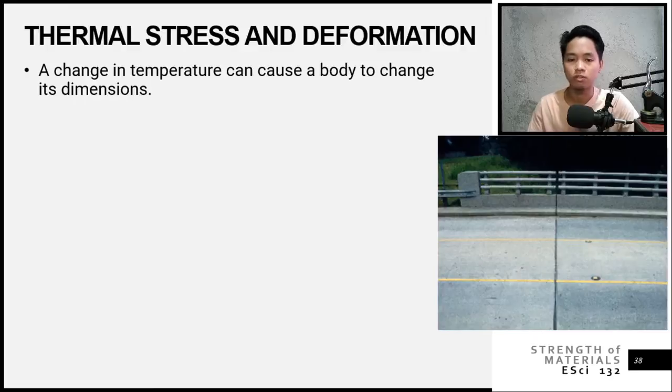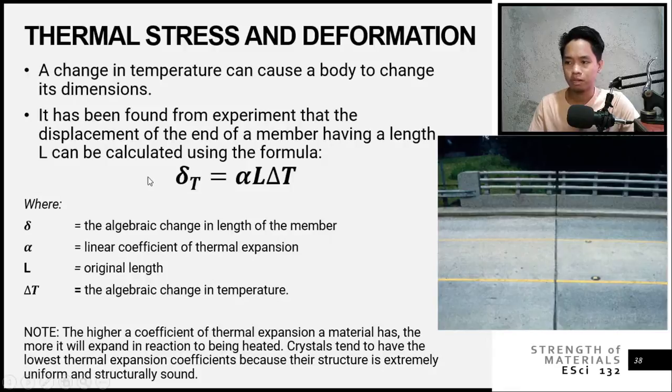Most of our materials are homogeneous and isotropic, as I mentioned before. It has been found from experiments that the displacement of the end of a member having a length L can be calculated using the formula: delta T, the deformation due to temperature, is equal to alpha multiplied by L multiplied by delta T. Alpha is the linear coefficient of thermal expansion, L is the original length, and delta T is the algebraic change in temperature, meaning the final temperature minus the initial temperature.